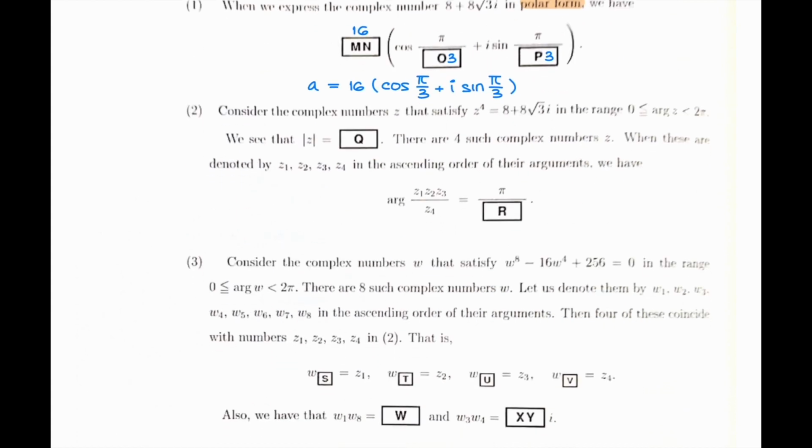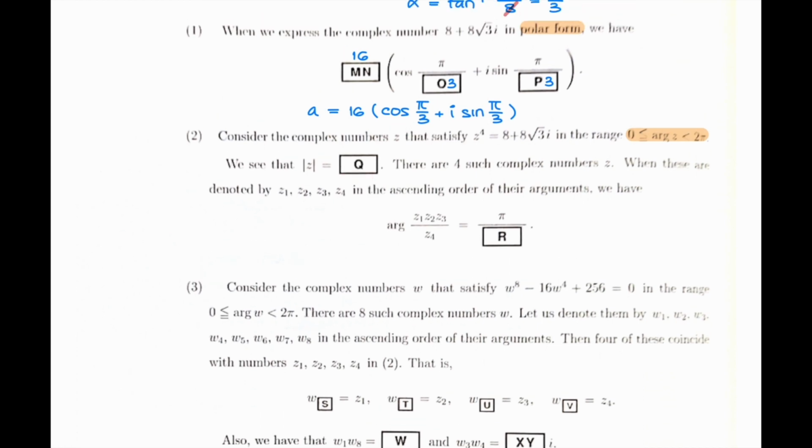Consider the complex number z that satisfies z to the power of 4 equals 8 plus 8 square root of 3i, in the range of argument z between 0 and 2 pi. This is the argument of z, yeah? We see that the modulus of z equals blah blah blah.